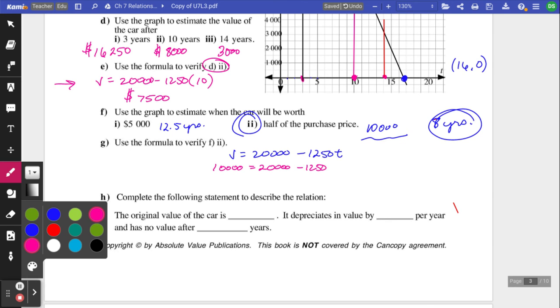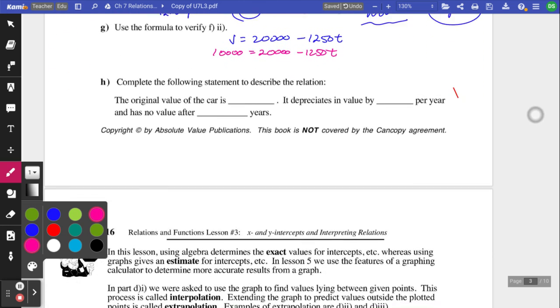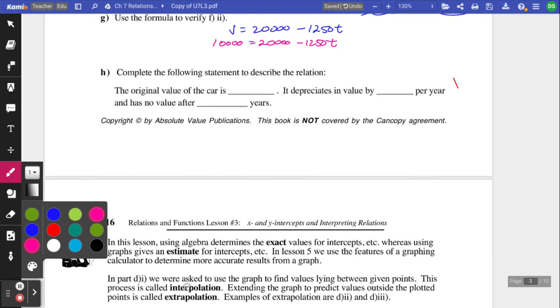Copy it all down. Now what do I do first? Subtract the 20,000 first. We're trying to isolate T. I get negative 10,000 equals negative 1250 T. What do you do next? Looking for T. Divide by negative 1250.